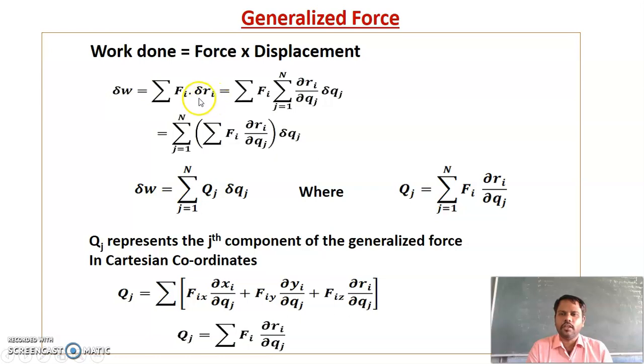Now substituting displacement delta Ri, which is given by summation j is equal to 1 to n dou Ri by dou qj into delta qj, and rearranging, taking this term as capital Qj, delta W becomes summation of j is equal to 1 to n Qj delta qj, where Qj is equal to summation of i is equal to 1 to n Fi dou Ri by dou qj.